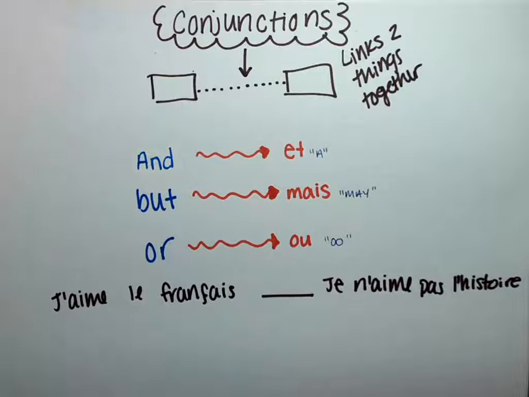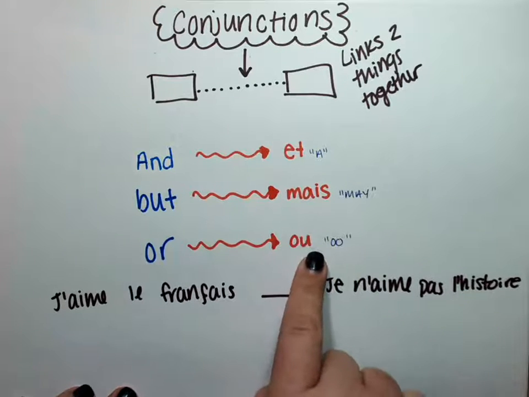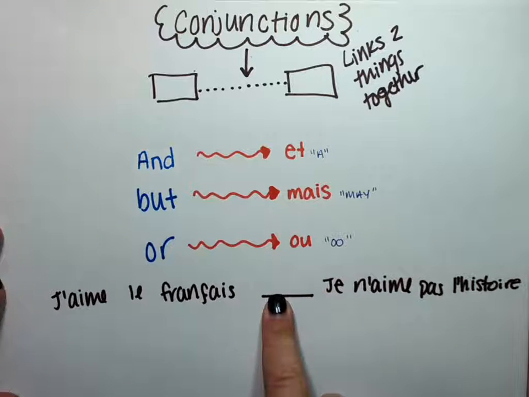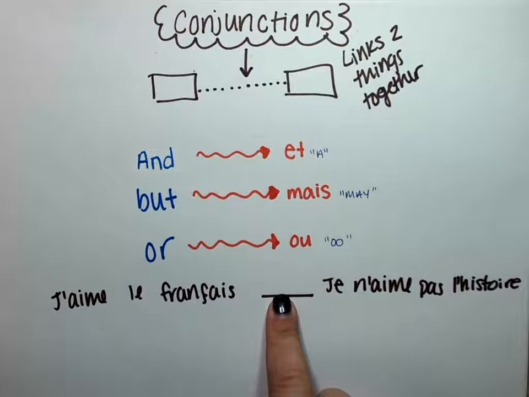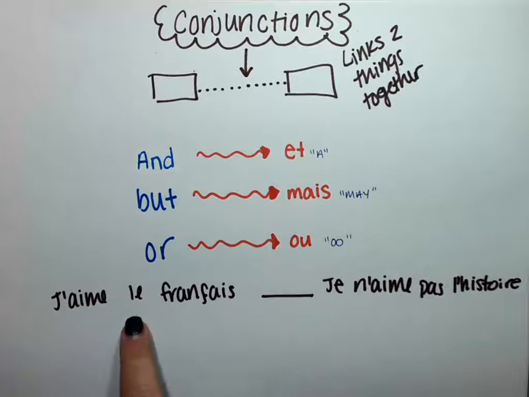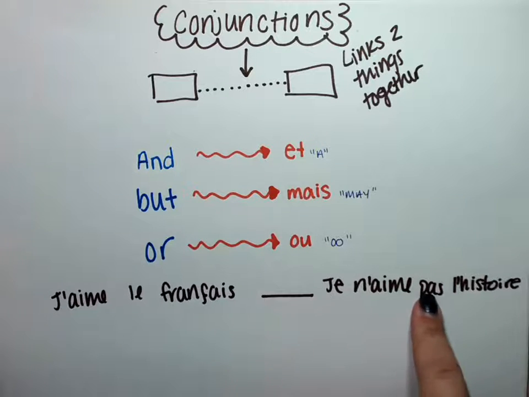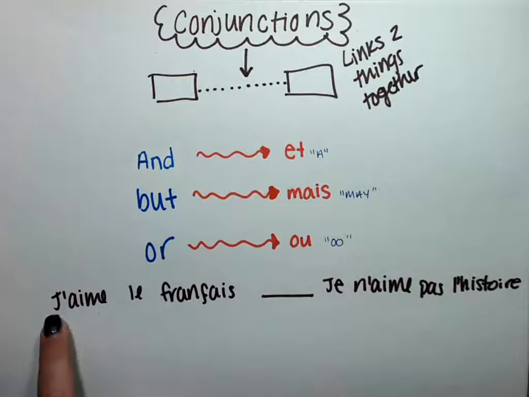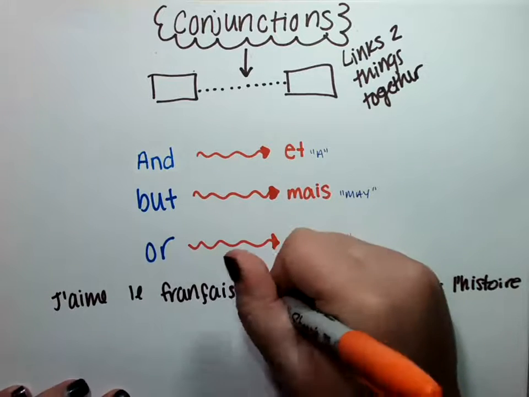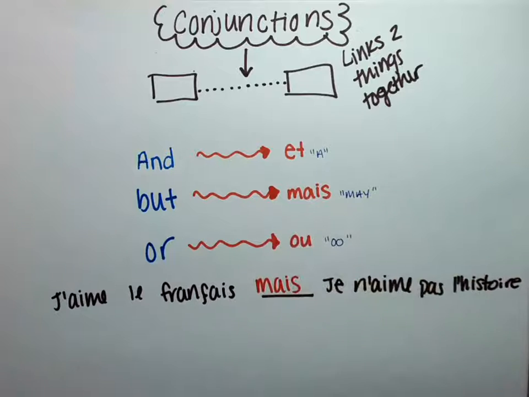So looking at all of our conjunctions up here, which one do you think is going to go in this blank? Would it make sense to say, I like French and I don't like history? Or would it make sense to say, I like French, but I don't like history? Or does it make sense to say, I like French or I don't like history? So which one do you think I should put in that blank? Oui, mais. I like French, but I don't like history. Mais.